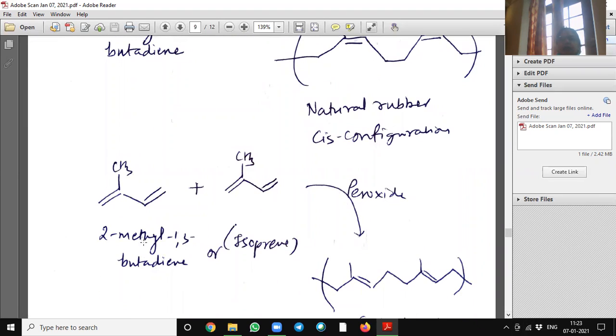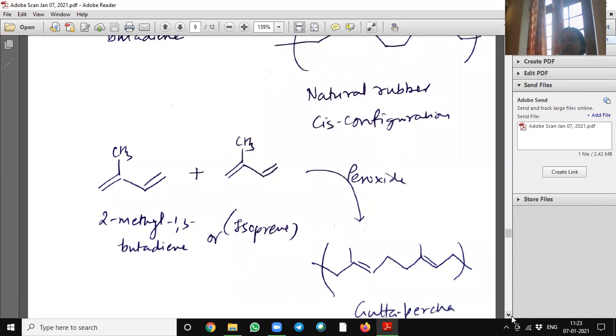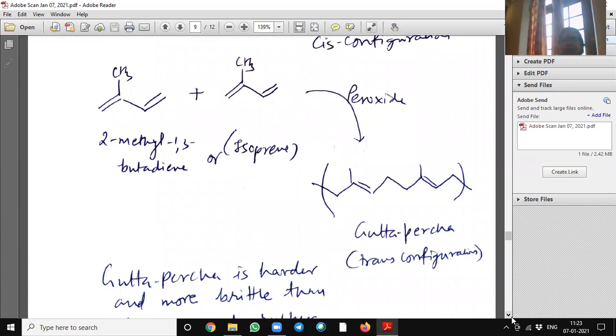When isoprene units are polymerized using Ziegler-Natta catalyst, a triethyl aluminum titanium trichloride complex, it will give trans configuration, and this is also known as Gutta-Percha.